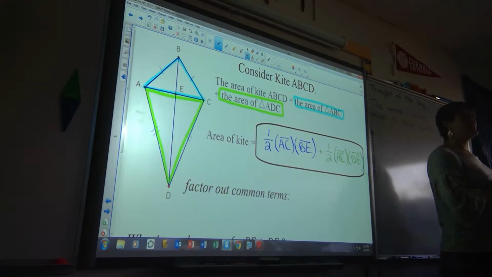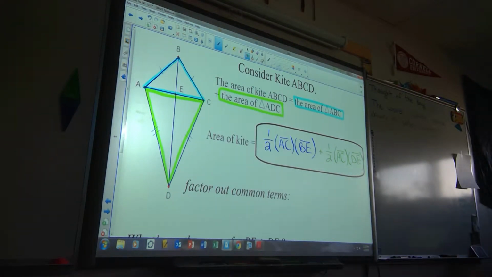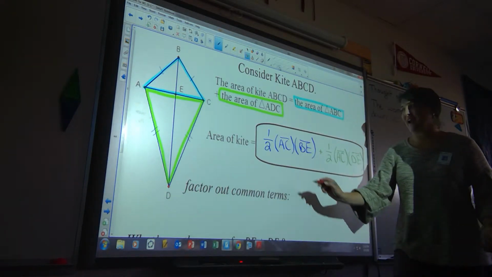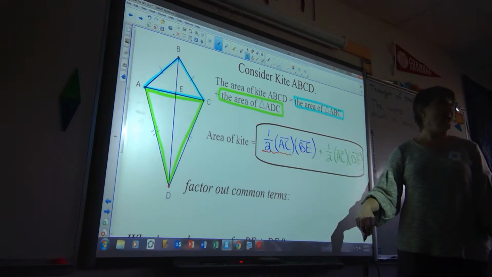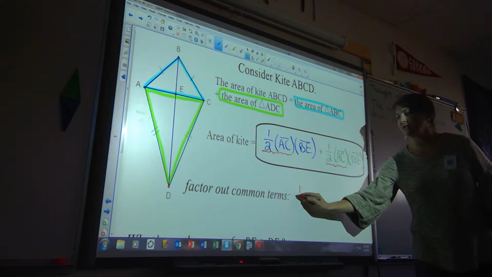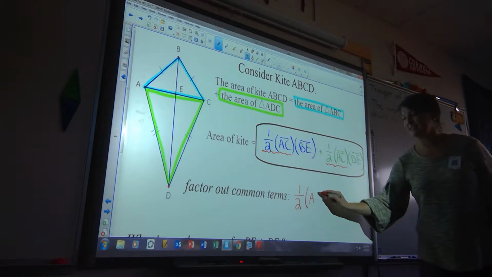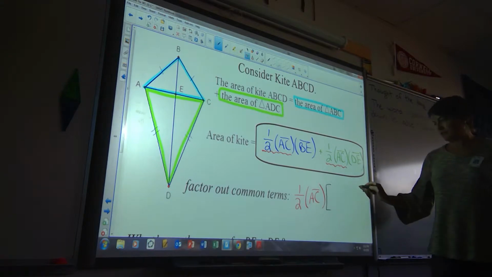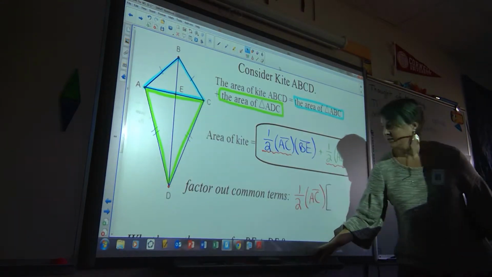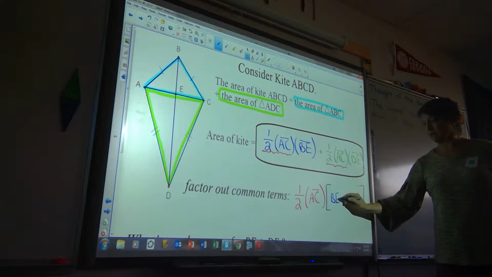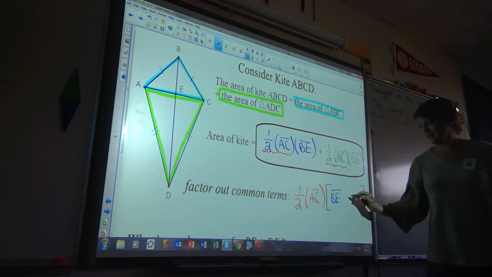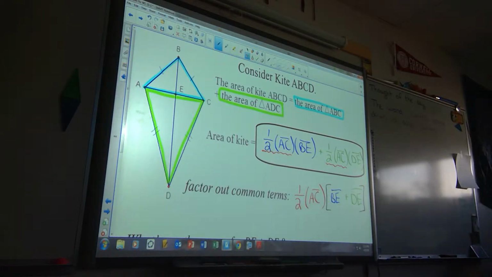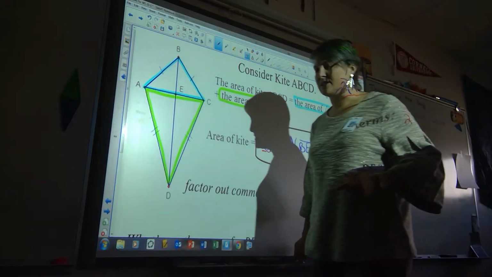Now, do you notice that they have something in common? They share the same base, which is AC. So if we factor that out, they also share a 1/2. If I factor out the 1/2 and the AC, we are left with BE plus DE.